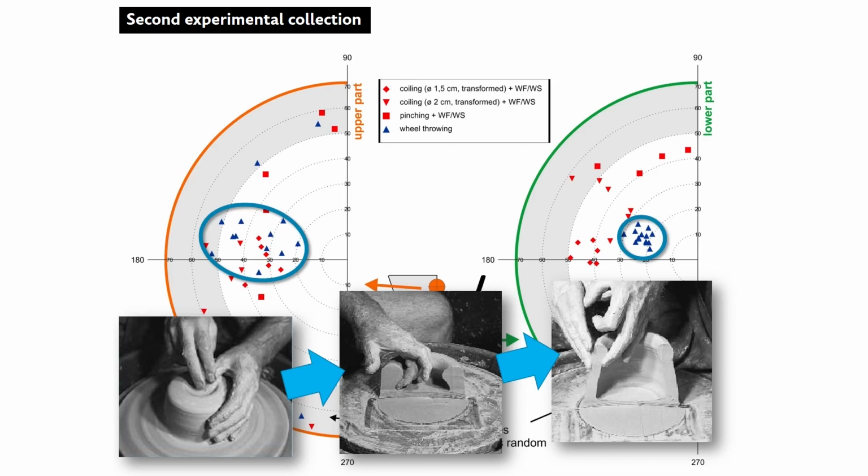Consequently, very poorly developed throwing structure can be observed in this area, and in some cases even orientation with the opposite deviation from the horizontal plane was calculated, probably as a residuum of the initial centering of the lump of clay.